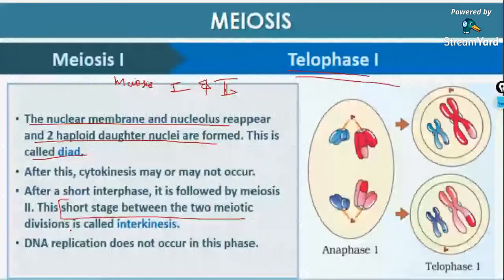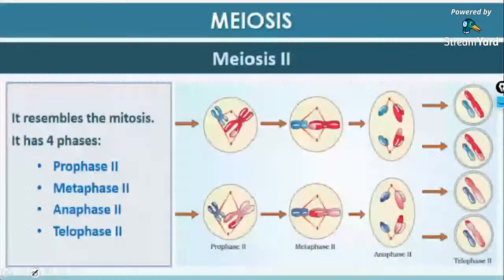It consists of double the amount of DNA but half the number of chromosomes. That is what is happening in this phase one.